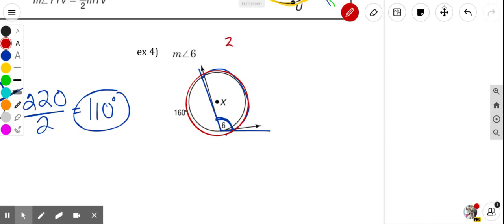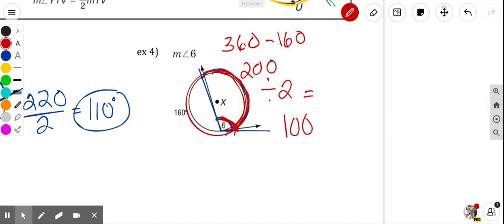So if we do 360 minus 160, we get that this arc is 200. That arc is the one that corresponds to angle 6, which we're trying to find. So if we cut 200 in half, the measure of angle 6 is 100 degrees.